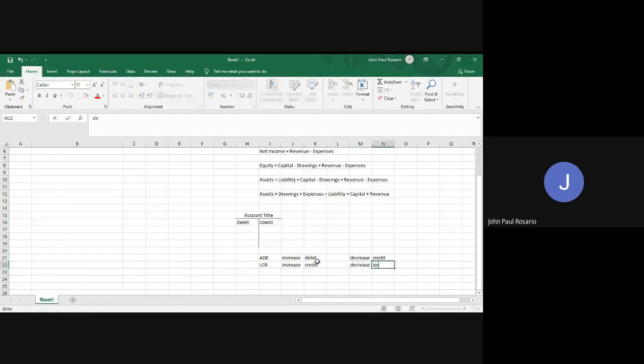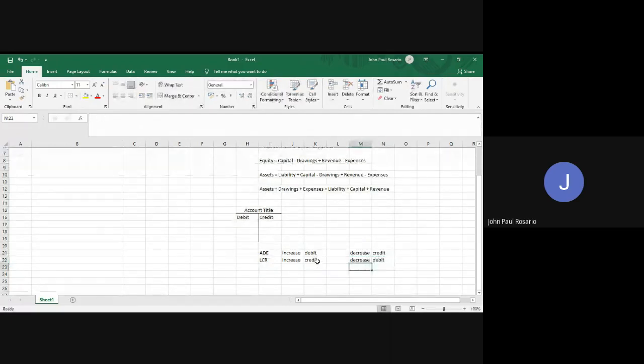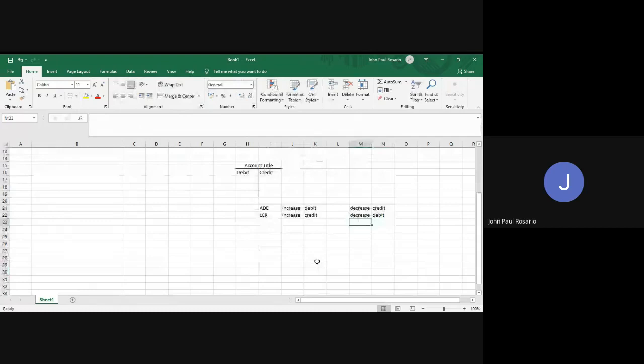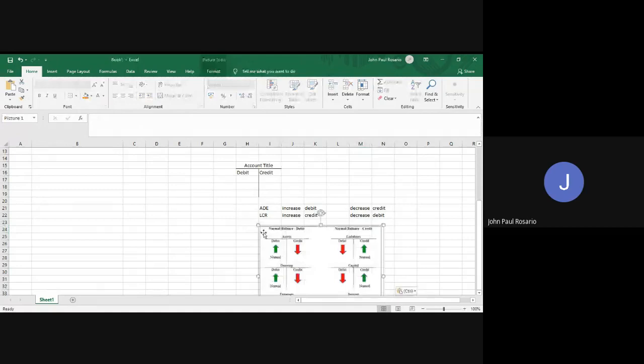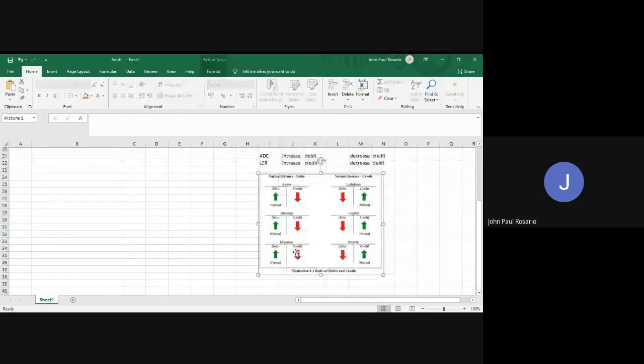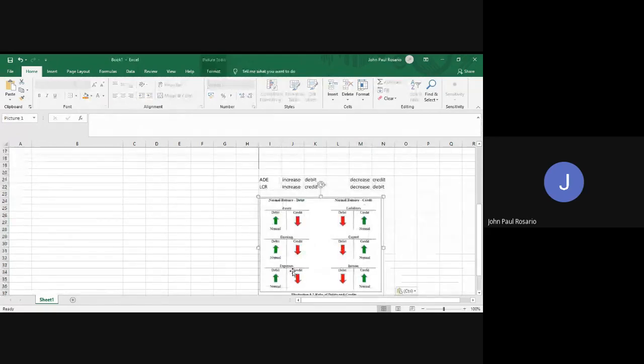So that is the rationale behind the summary in your notes. Okay? The normal balance of assets, drawings, or expenses is debit. The normal balance of liability, capital, or income, or revenue, is credit.